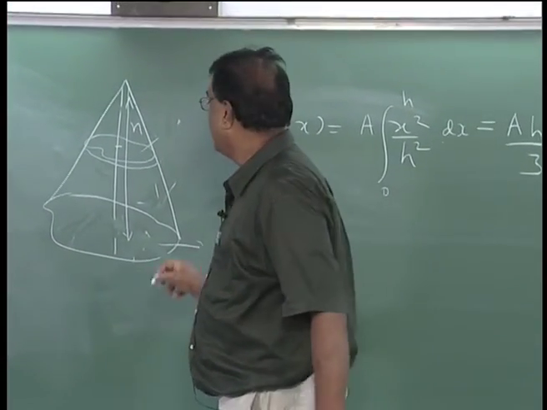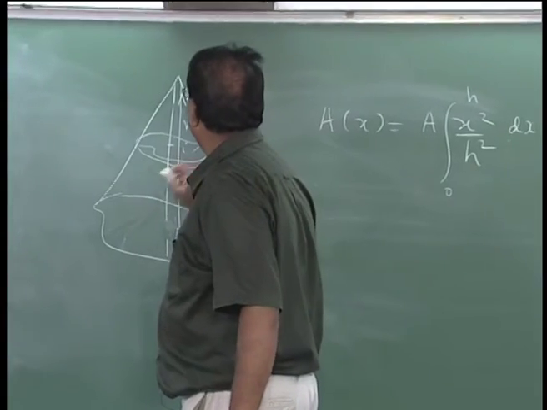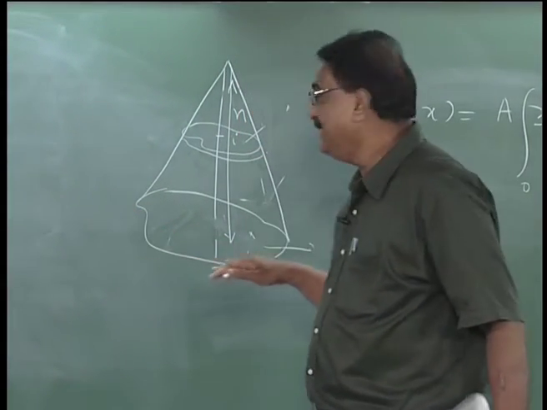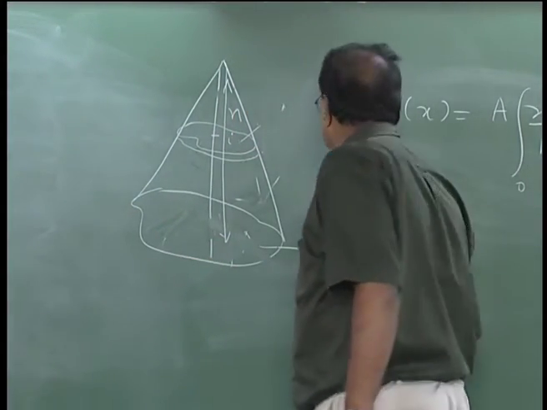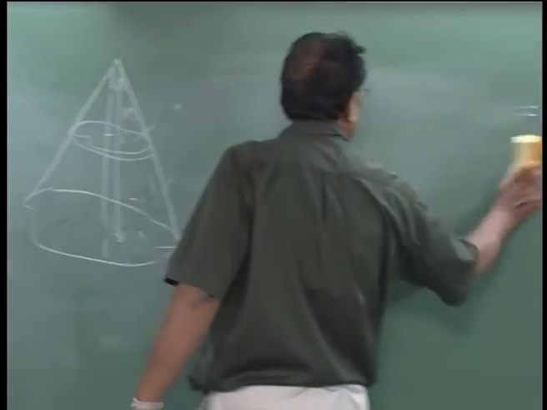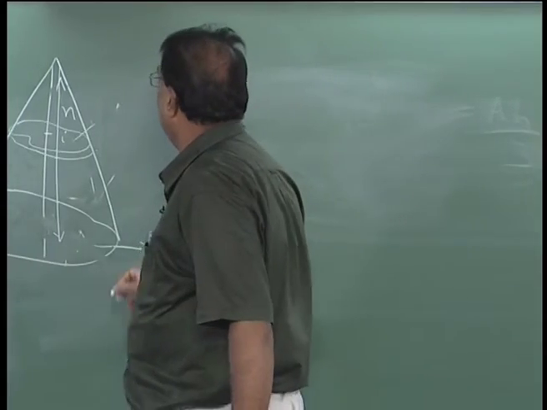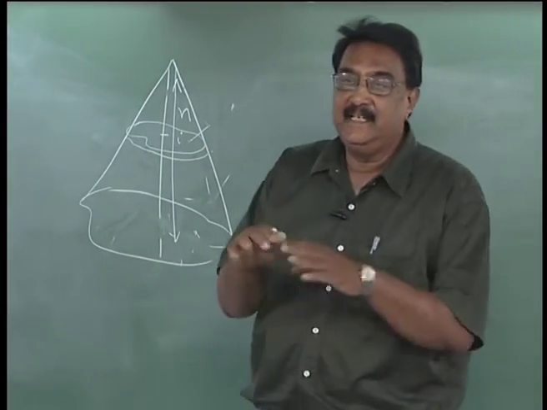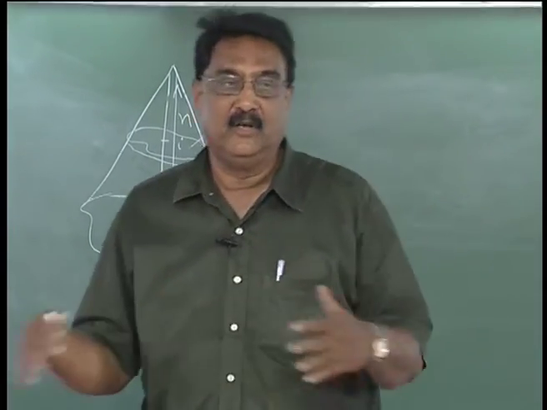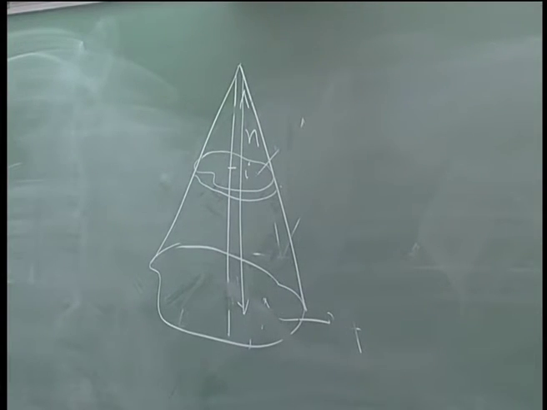Okay. So, suppose this is at the ith level. They would also notice that the area will be proportional to the length squared, the square of the dimension.